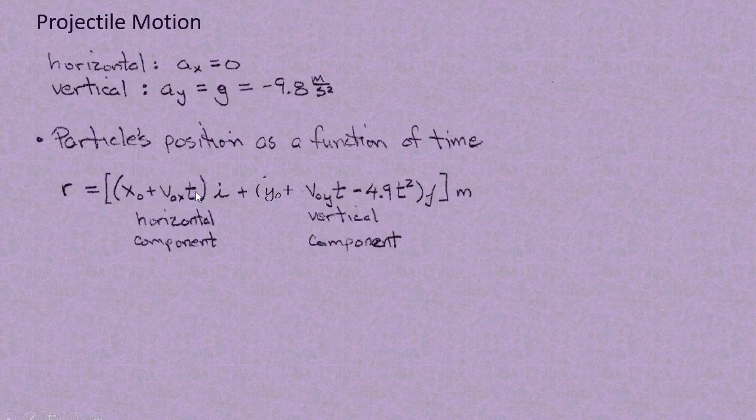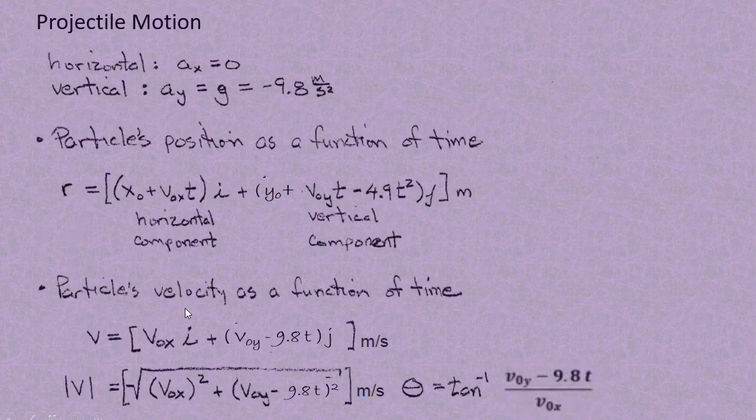So the horizontal component of the position is x sub naught plus v sub naught x times t, and the vertical component or magnitude of the position is y sub naught plus v sub naught y times t minus 4.9 t squared.